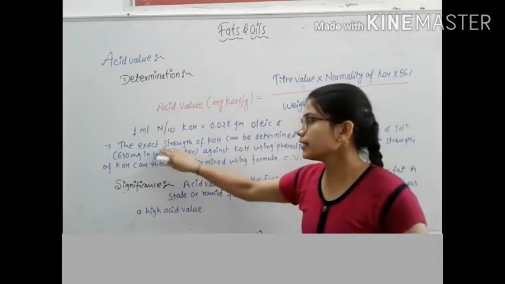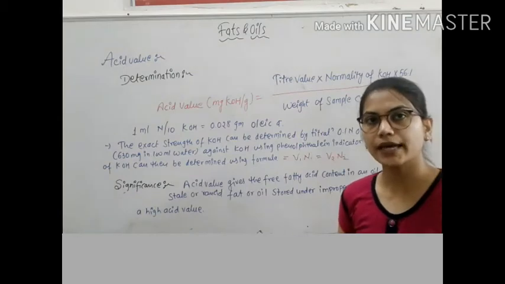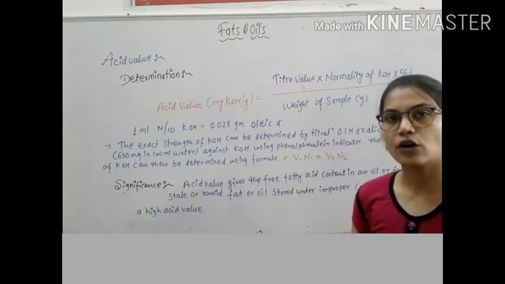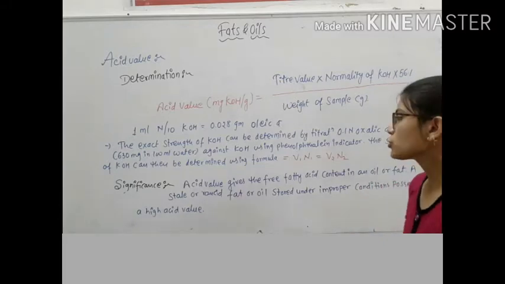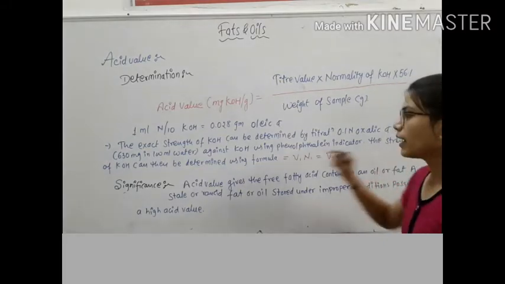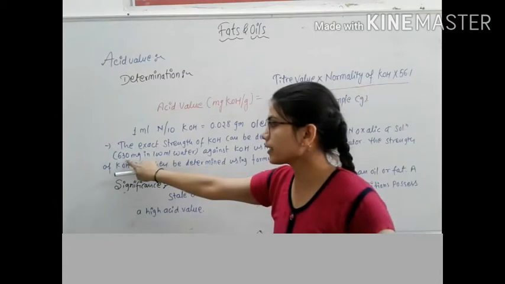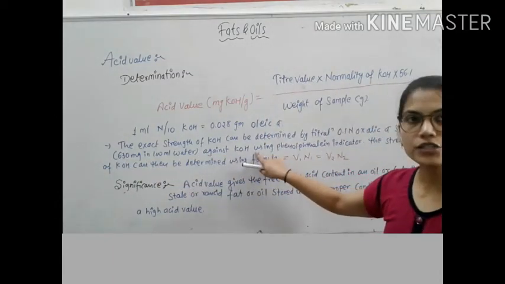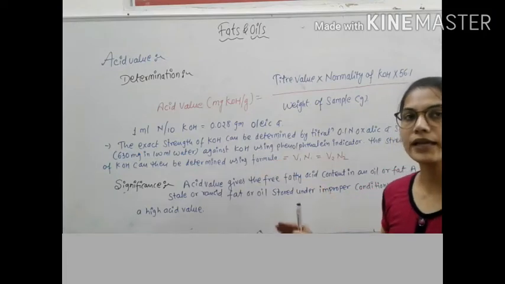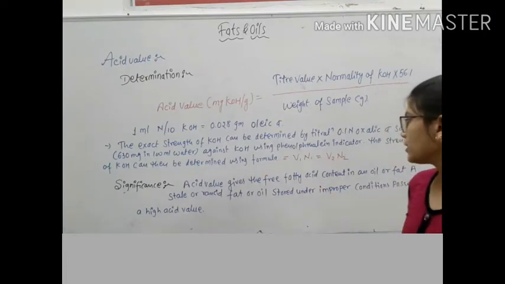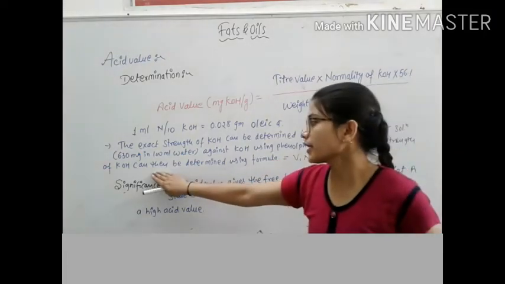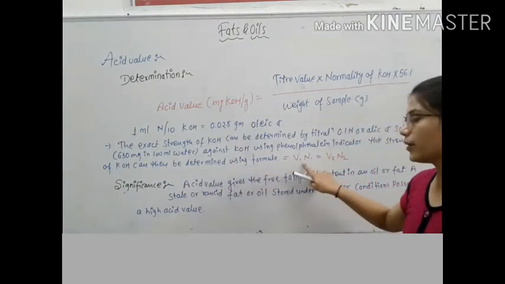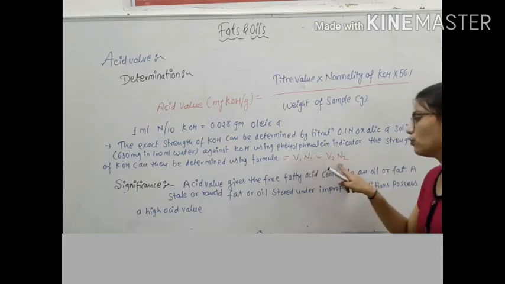The exact strength of KOH can be determined by treating 0.1 normal oxalic acid solution, 630 mg in 100 ml water, against KOH using phenolphthalein indicator. The strength of KOH can then be determined using the formula V1N1 equals V2N2.